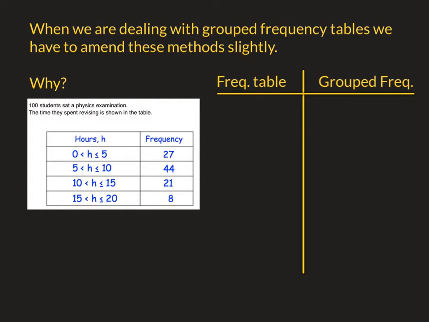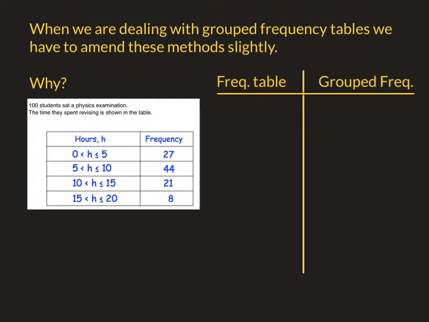Well, the problem is we don't know what any of the actual values are. We've got 100 students who sat a physics exam, and the time they spent revising is shown in the table. I know that 27 of the students spent 0 to 5 hours, but I've got no idea what exactly those 27 values are. It could be that all 27 spent 5 hours.